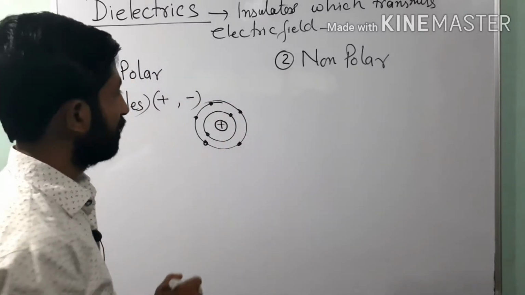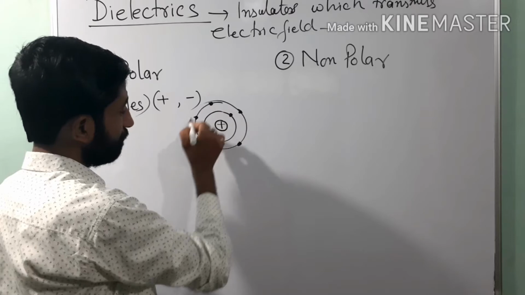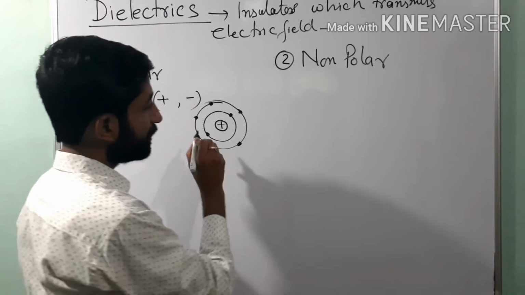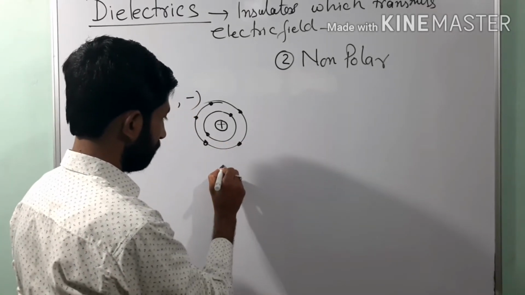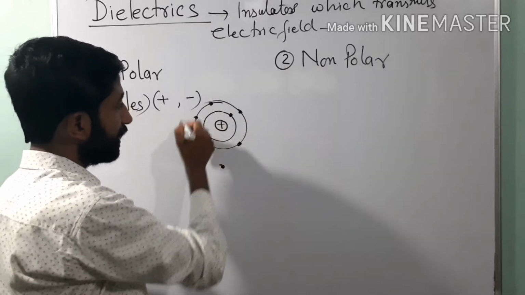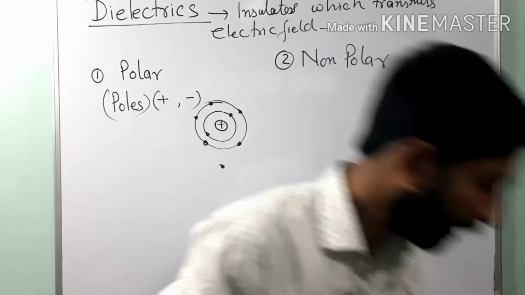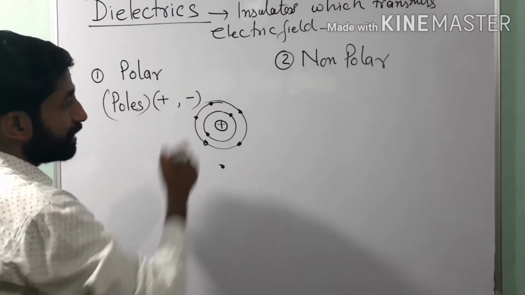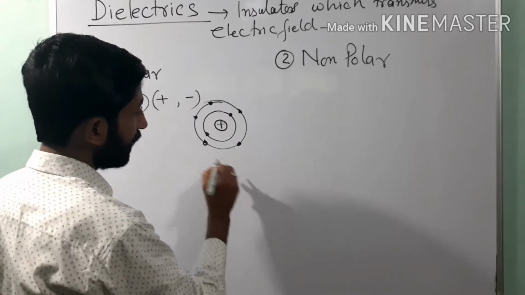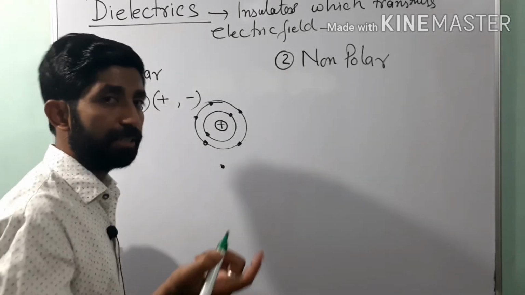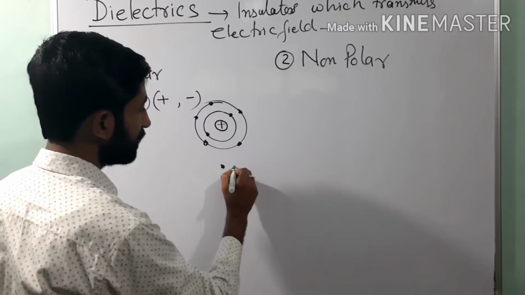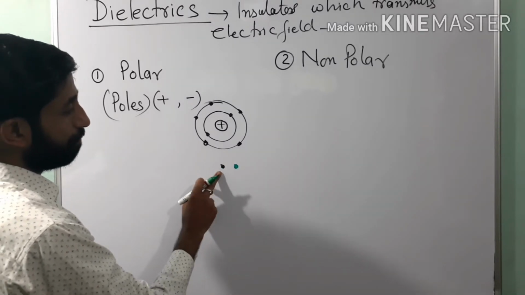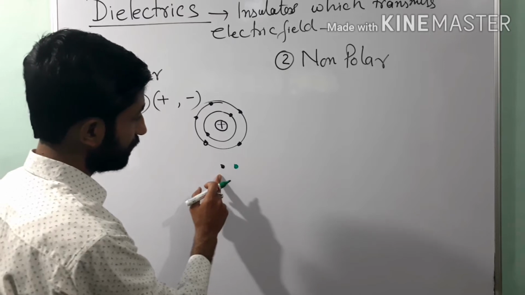Now imagine the positive nucleus of this whole atom has its center of mass lying here, and the negatively charged bodies, the electrons, have their center of charges here, noted by the green color, and the black color shows the center of positive charges.